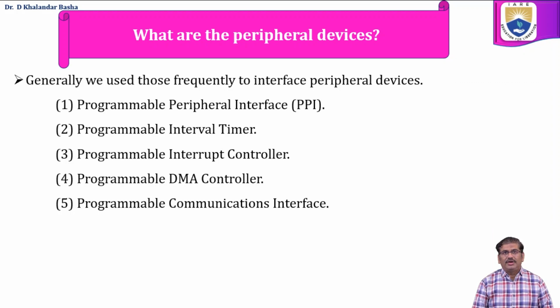So generally we use those frequently to interface peripheral devices, which are Programmable Peripheral Interface (PPI), Programmable Interval Timer, Programmable Interrupt Controller, Programmable DMA device, and Programmable Communication Interface. This Programmable Peripheral Interface, we can also call as Programmable Input-Output Device.